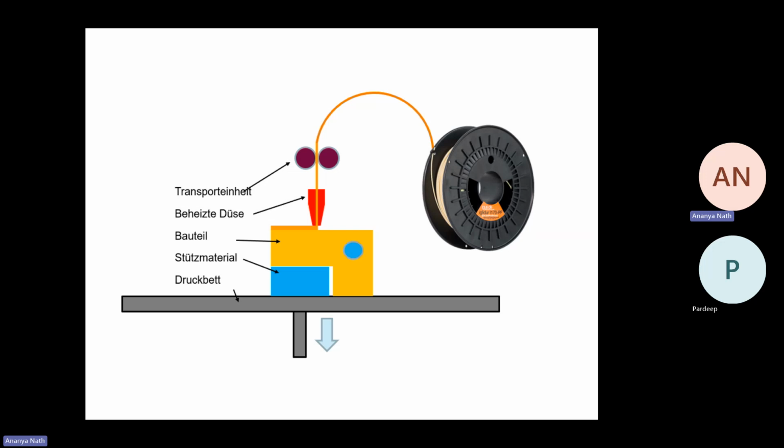Like you can take the example of toothpaste. It will come out from the nozzle like toothpaste, and it will be deposited on the build plate layer by layer, and the whole system will be mounted on a CNC, computerized numerical control, where you can put some code, G code, M code, and according to that, your tool and the build plate will move in the XYZ direction.